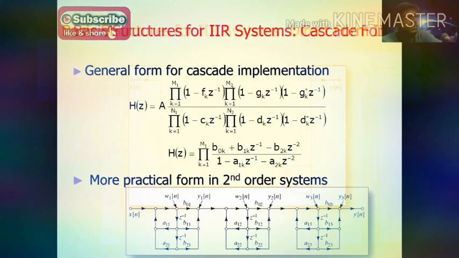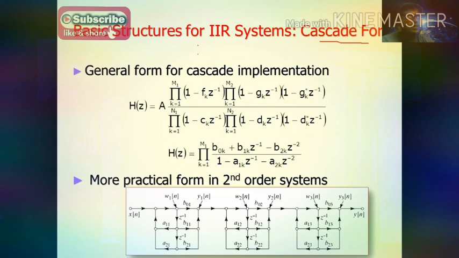So this is the structure for the IIR system, that is cascade form, the third form. In cascade form, we follow the direct form 2 method only, but there is one difference: the system transfer functions are connected in series.